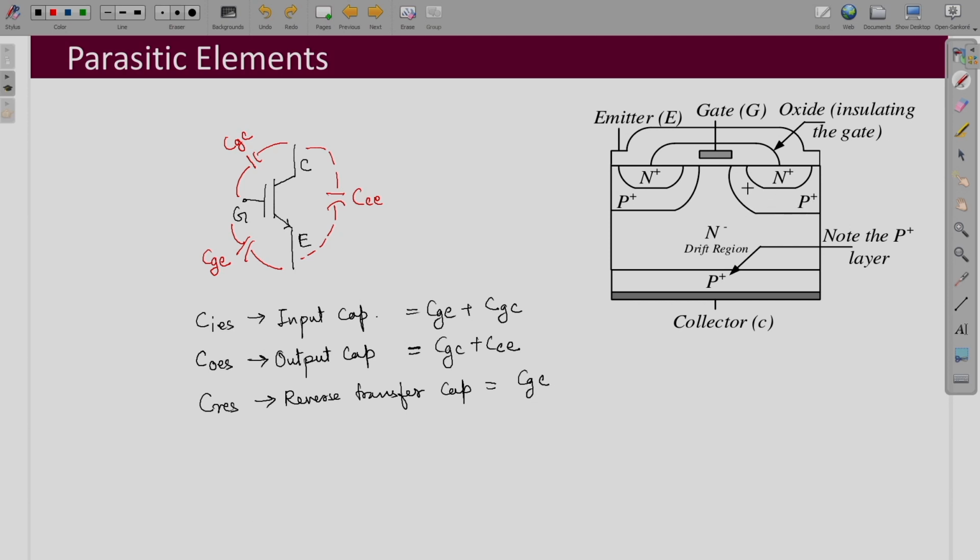And the origin of this is inside this physical structure, in between these different layers you have these 3 capacitances. This is not any physical capacitance, I mean a discrete capacitance which you can see outside the MOSFET. These are parasitic capacitances, because of this internal physical structure of the MOSFET.